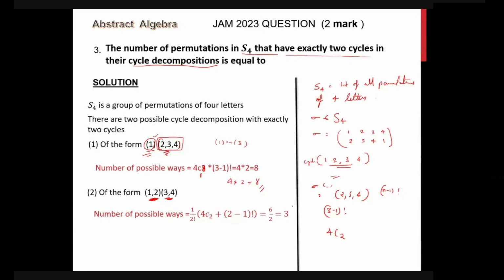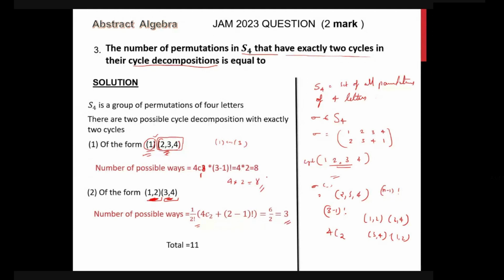And also we know that (1, 2)(3, 4) is the same as (3, 4)(1, 2). So you have to divide by 2 factorial. So the total number of possible ways you will get is 6 by 2, that is 3.